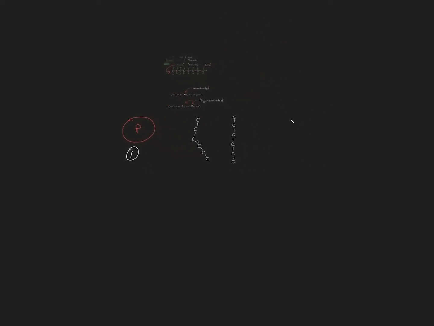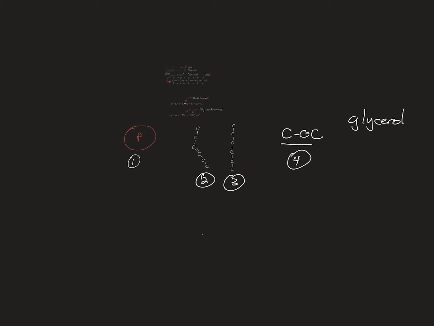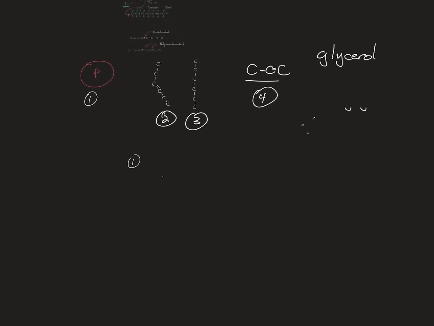A 3-carbon chain known as glycerol. Right? It's an alcohol. You have 2 fatty acids and a phosphate. So 4 things, or 3 things, depending on if you call the fatty acids 1 thing or 2. So you have 4 parts to a phospholipid.